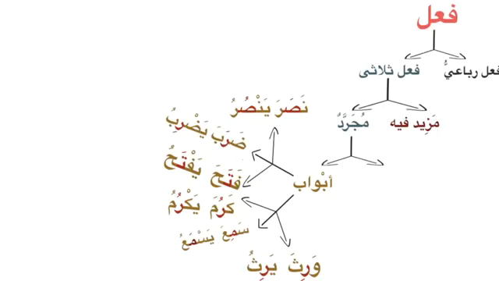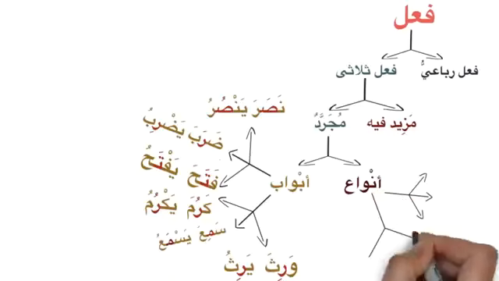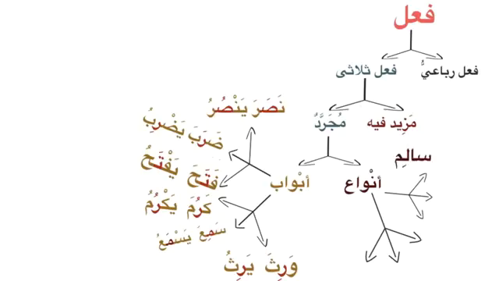The other thing is the types of the inbuilt characters, which is anwa'ul fa'al ثلاثي mujarrad. These are also 6. One is that it is built with salim letters. There are no weak letters in it, which are waw, hamza, ya, and alif maksura.